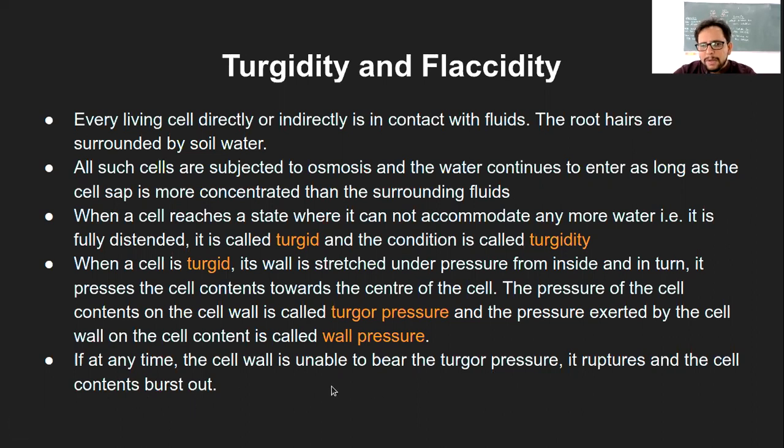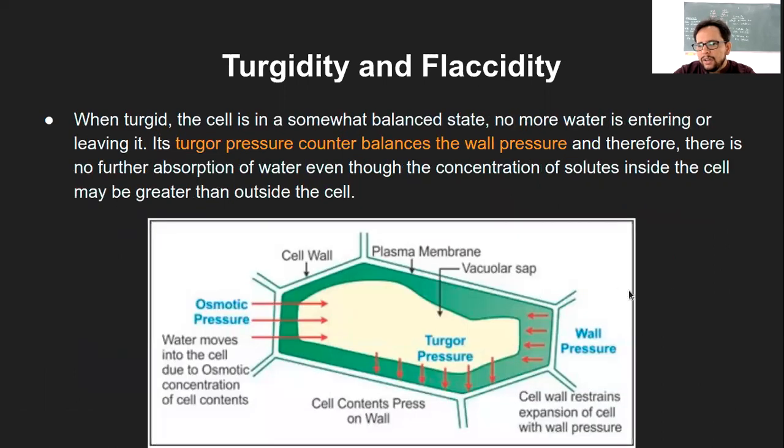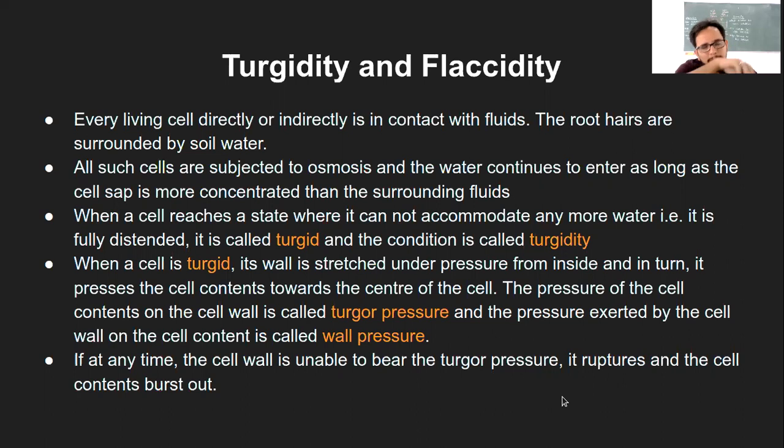Now, this particular phenomenon you would have seen in some cases. For example, if you have seen custard apple, right? And if you let it hang on the tree till it is completely ripened, sometimes it breaks open.